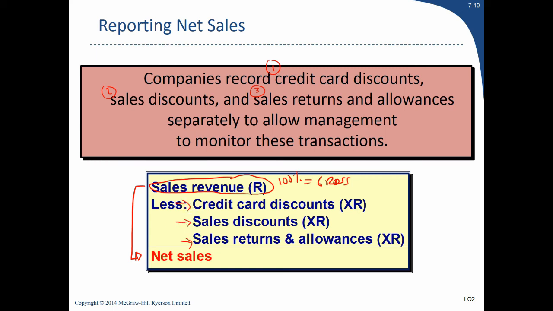But this can help you analyze, well, if people are constantly returning our goods, why is that? Are we shipping everything broken? Are we pushing them too much in the store, they're buying it, and then they're coming back and returning it? Maybe we're getting charged too much by our credit card company. Maybe we should switch to only accept a different type of credit card, right? So it helps you analyze. Instead of just having one lumped in number in sales revenue where you don't really know what's going into it, here we break out all of the accounts.